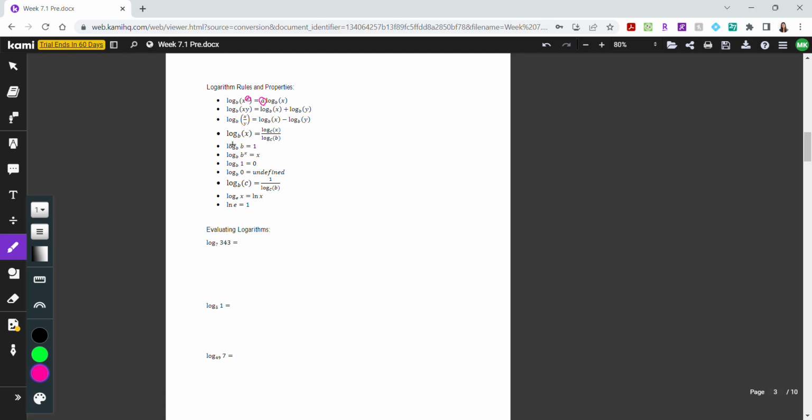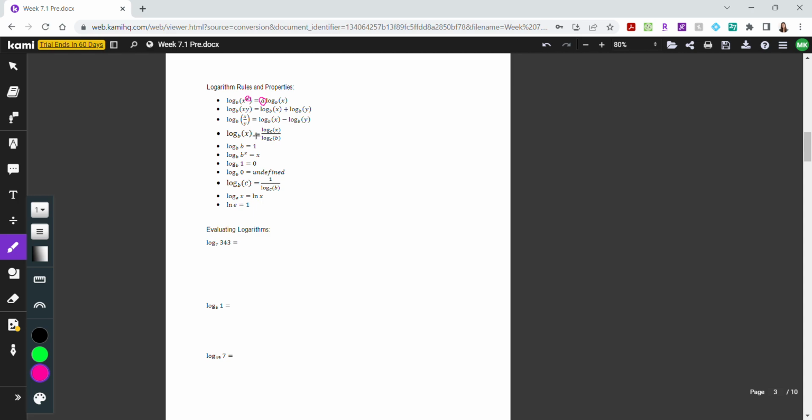Now let's look. We have log base b of x. Now we need the change of base formula, right? This is what you would do. You would pick a number here for c. Normally, generally, people will either take log base 10 or ln when they're changing bases, just because that is a value that you can put into the calculator.